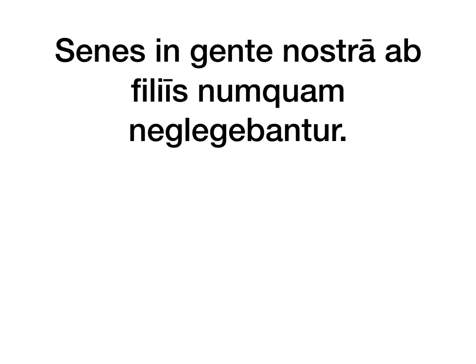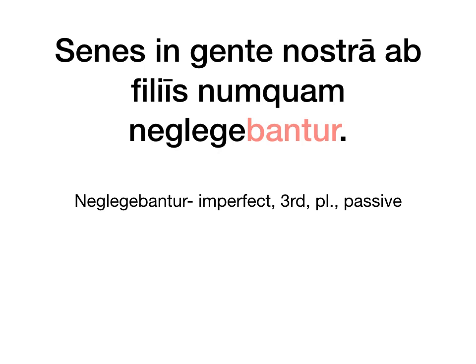But I will say the one truly tricky or new thing about this is neglegebontur. We need to make sure we are able to break that down. That ending is imperfect, third person plural, and passive. So I'll make that ending a color we never use because hopefully that whole ending is identifiable to you as passive, third person plural, and imperfect.